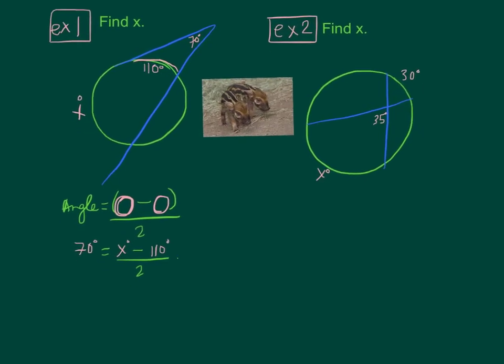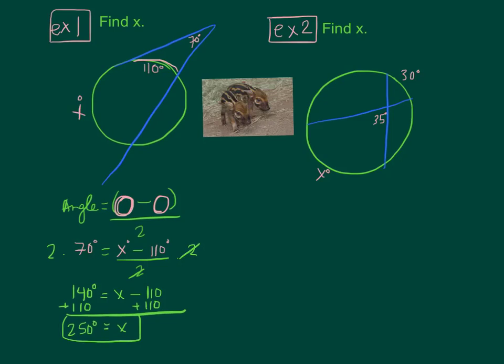I'm going to go ahead and multiply by 2 on both sides. I get 140 degrees equals, and 2 divided by 2 is 1, so I have x minus 110. So if I add 110 to both sides, I can isolate my x to find that it is 250 degrees.